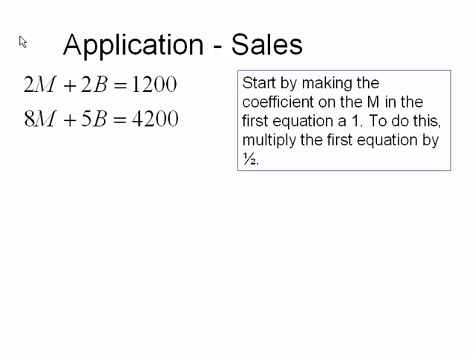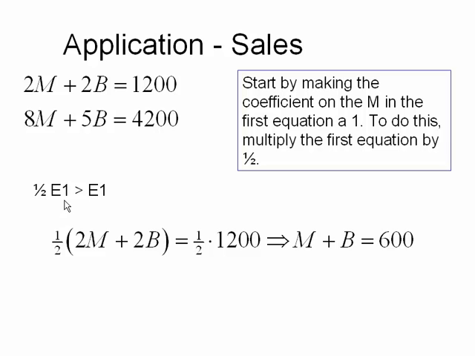And so now I have this system that I'm going to need to solve. My system is 2M plus 2B equals 1,200, 8M plus 5B equals 4,200. If we follow our echelon method, we need to first start and get a 1 in front of the M. We can't interchange these two, so what I'm going to do is multiply that entire first equation by 1/2.